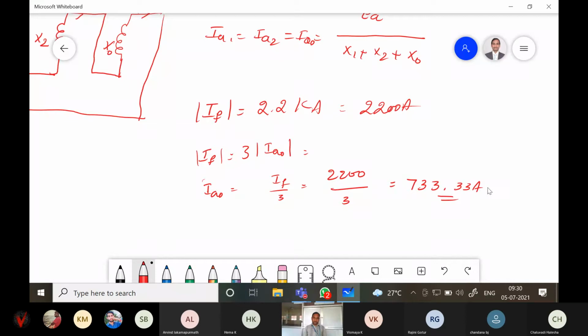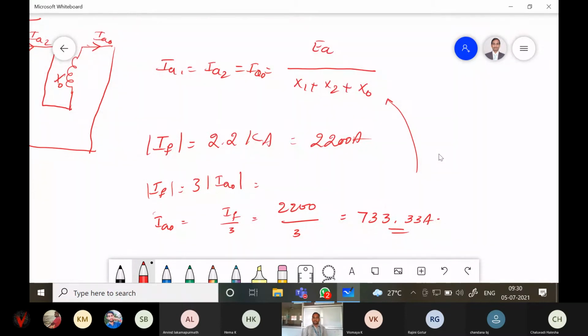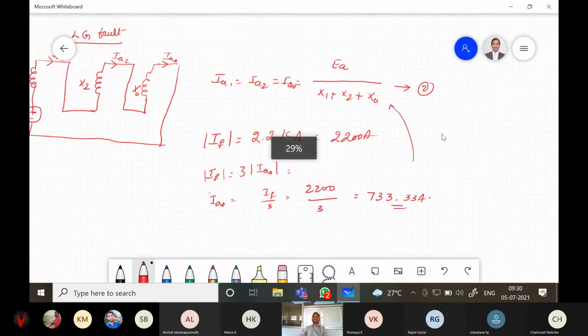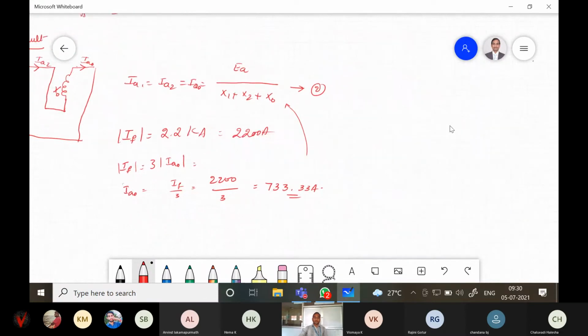Now substitute this value in the equation, which is called equation number 2. So what happens now?